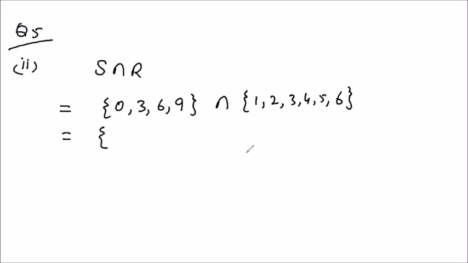Now we will write only the common elements. First of all, observe which are common. You can use a lead pencil or any removable pencil or pen. For example, here is 3 and 3, 6 and 6. So in the answer, we will write only 3 and 6. Now this is our answer.